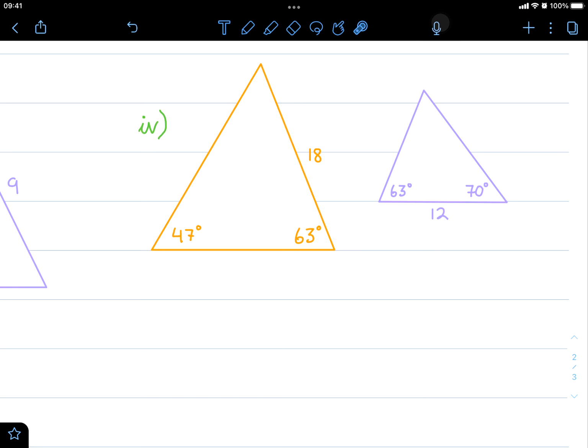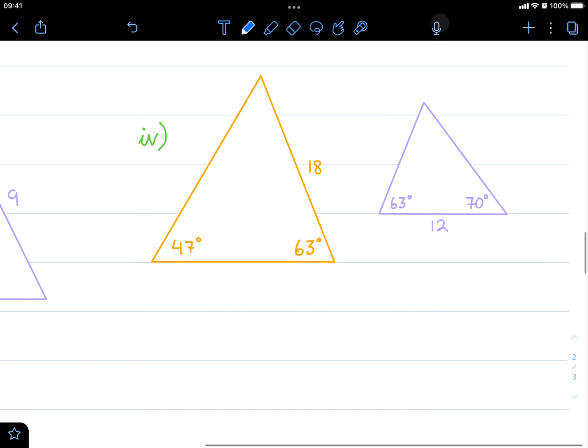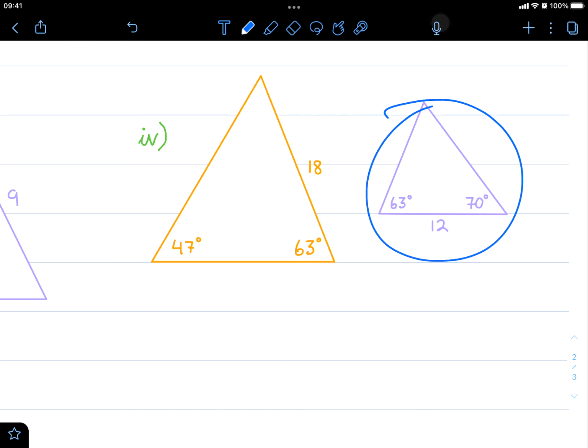One last one here. This one's a little bit trickier. If you take a close look, 47 doesn't match anywhere here, but we have a 63 and a 70. If we were to try and calculate this missing side here, or this missing angle, let's actually do that. Let's find this missing angle first. In a triangle, all the angles must add up to 180. Let's label this angle x.